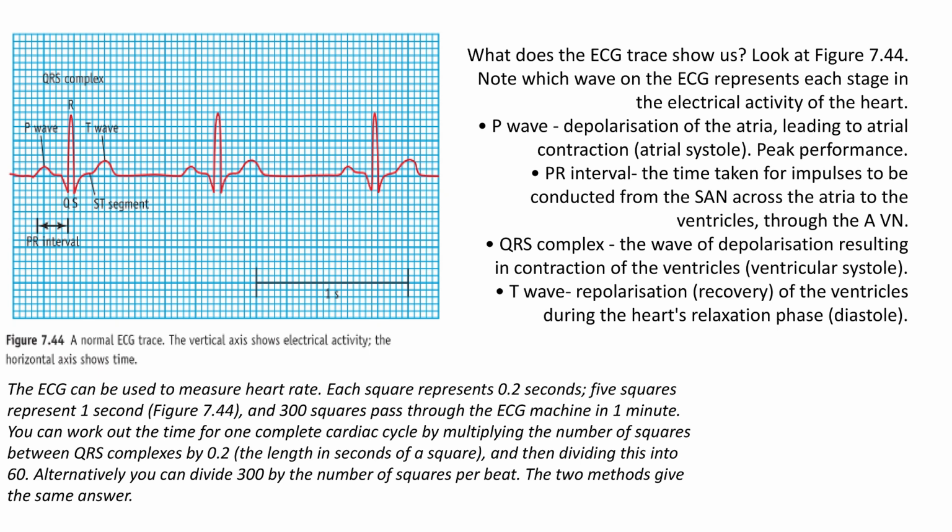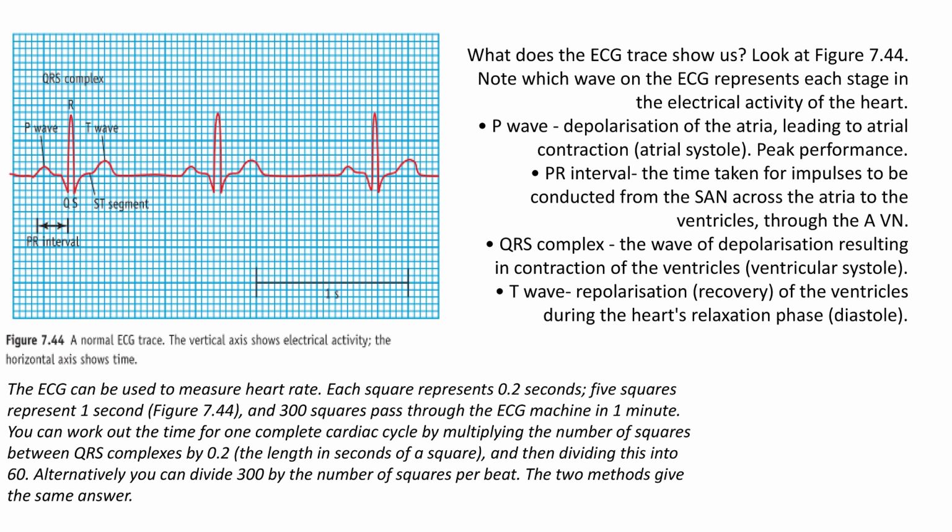Starting from the P wave. The P wave here represents the depolarization of the atria, leading to the atrial contraction, atrial systole. The PR interval from the graph represents the time taken for impulses to be conducted from the SAN across the atria to the ventricles through the atrioventricular node.